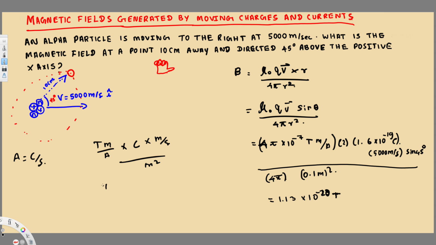So this is going to be Tesla meter per coulombs per second. So this second will flip around and go to the top. So this is going to be Tesla meter second per coulomb times meter per second over meter squared. So if you notice, coulomb cancels, meter squared and these two meters cancel, and this second and this second cancel. And finally you derive Tesla.